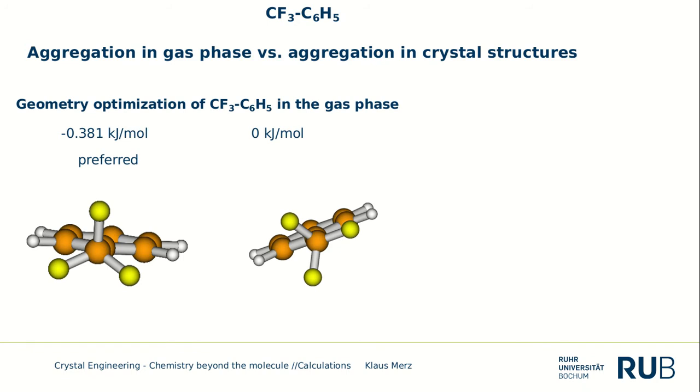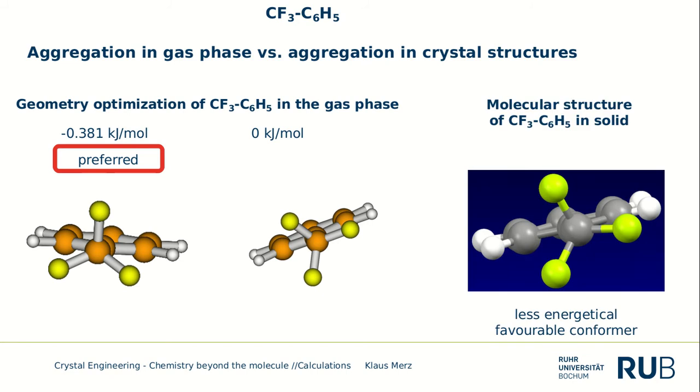So this conformation is expected. Have a look at the crystal packing. This is the molecular structure in the crystal packing. You see it is nearly, not exactly, but nearly the conformation where one CF bond is in plane with the ring. So the less energetically favorable conformation you will find in the crystal packing.